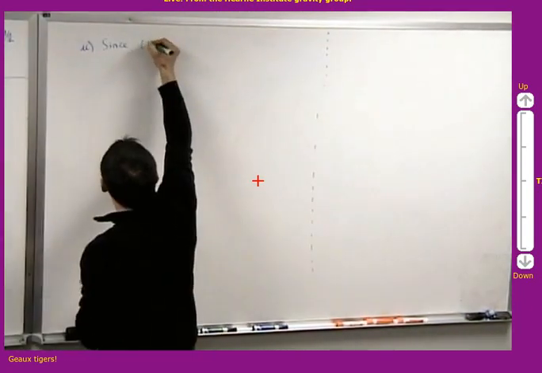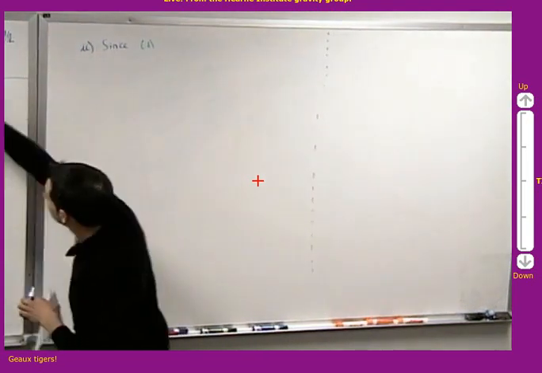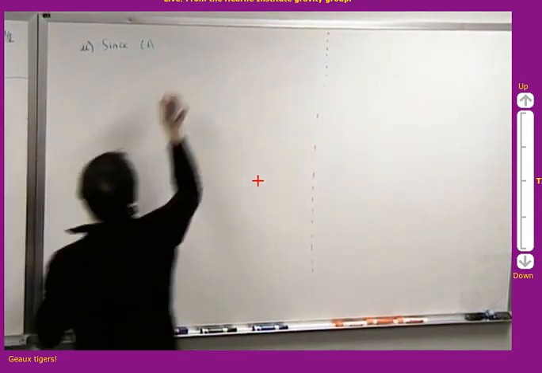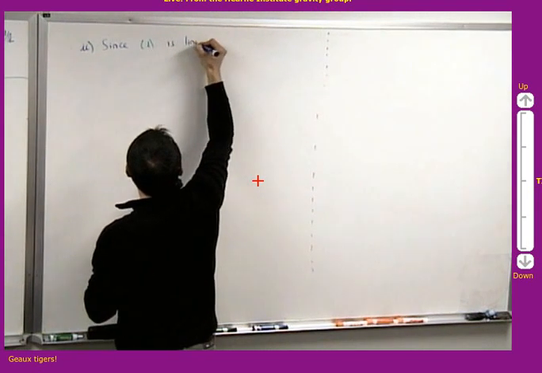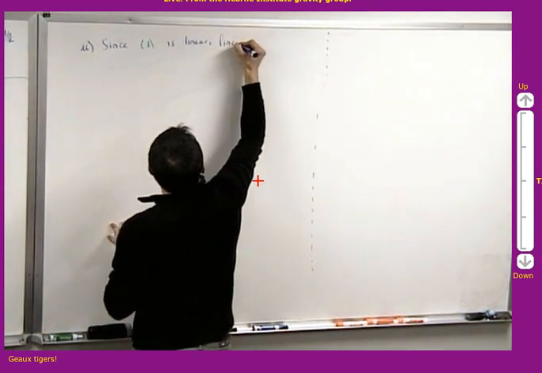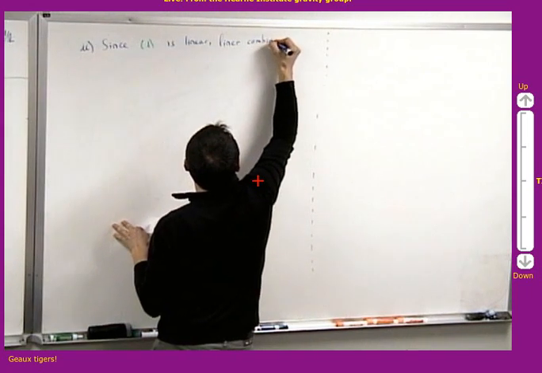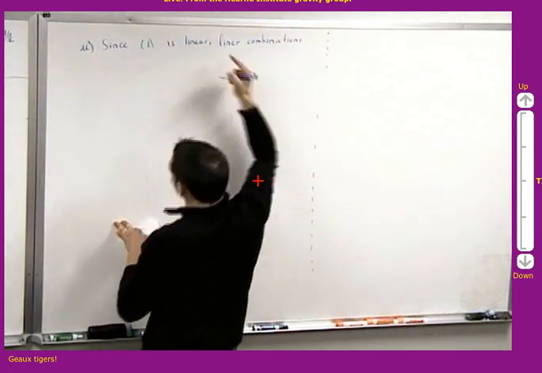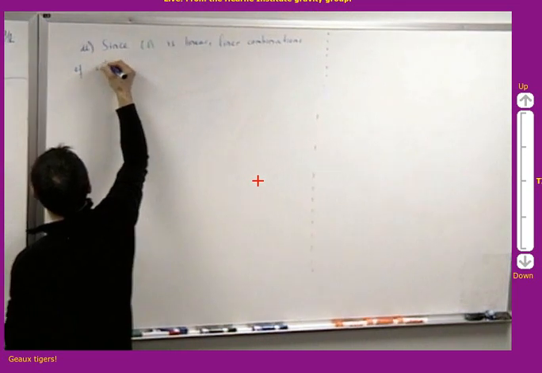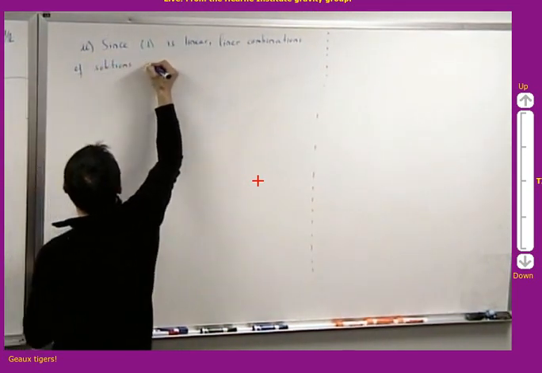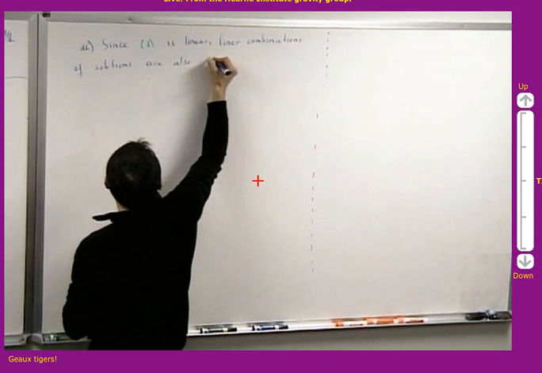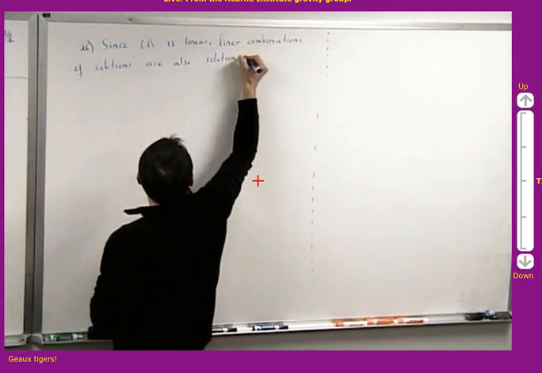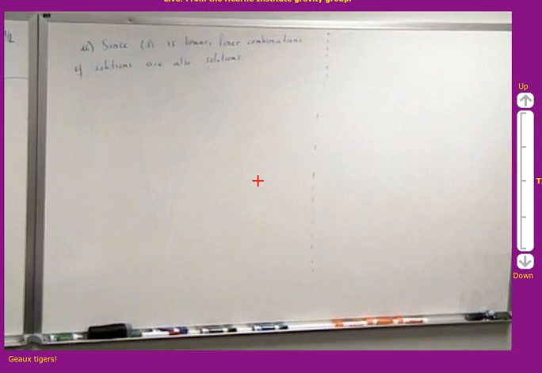Since equation 1 is a linear equation, there are no powers anywhere, linear combinations, of course with constant coefficients, of solutions are also solutions. If you have a solution and you have another one, you sum them, the sum is also a solution. Or any linear combination is a solution. Why? Because the equation is linear.